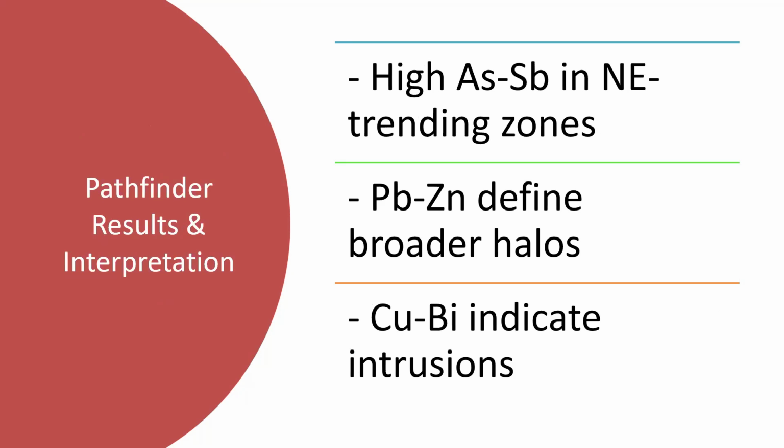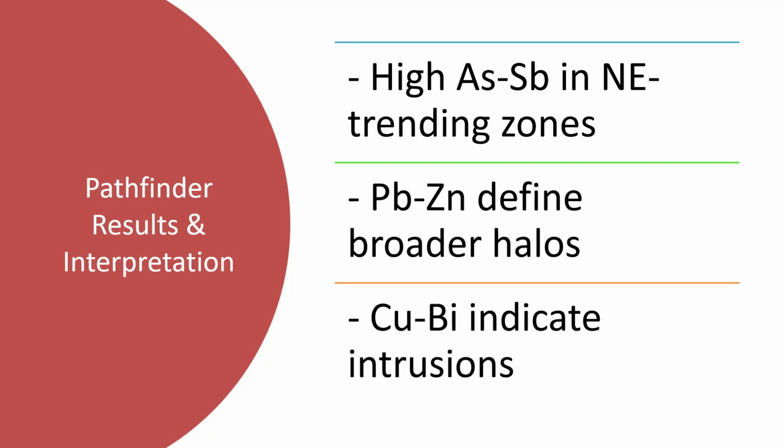Also, after you have done this, very important is the interpretation and association, how you can associate one element to the other, because some elements are commonly associated with each other. Copper and bismuth, lead and zinc, and arsenic, bismuth and antimony.